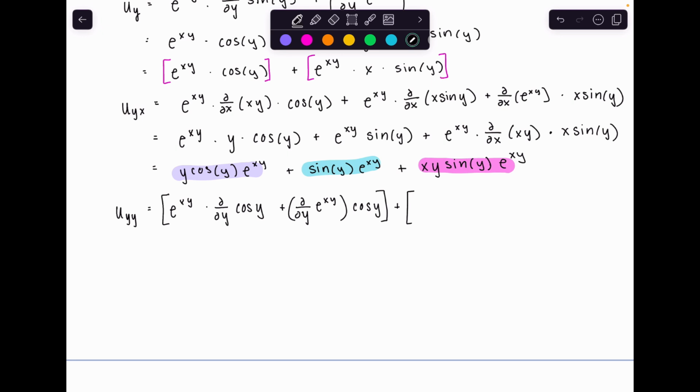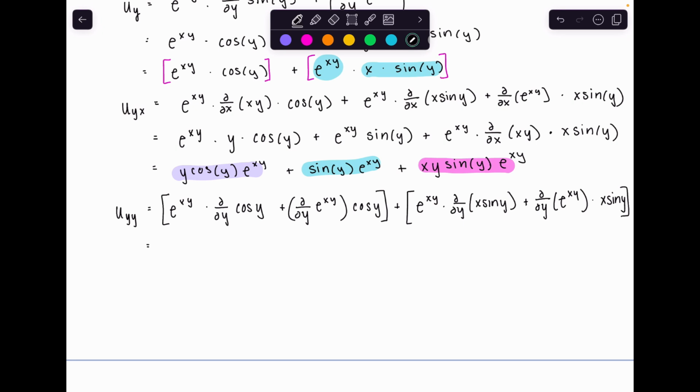You can split these however you want, but I'll go ahead and again keep the x sine of y together and the e to the xy together. So we keep the first, differentiate the second, and then differentiate the first, keep the second. Running out of screen room there.